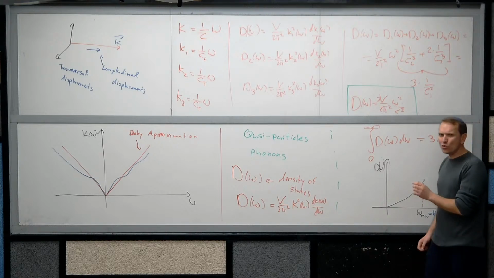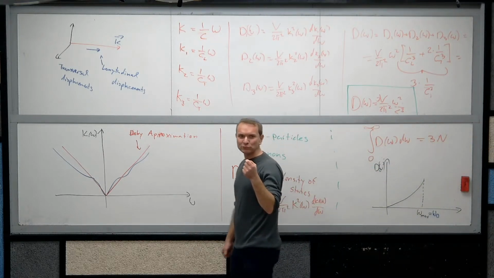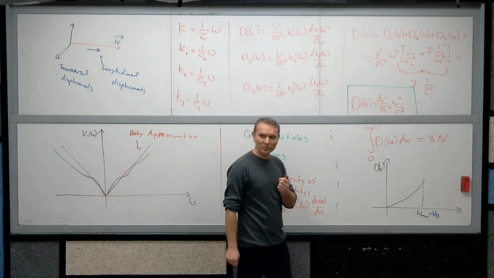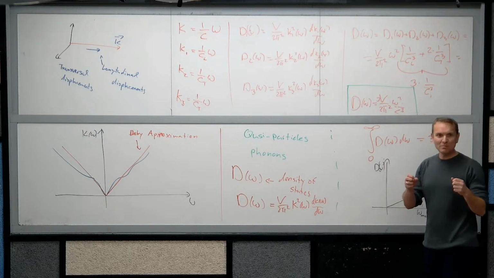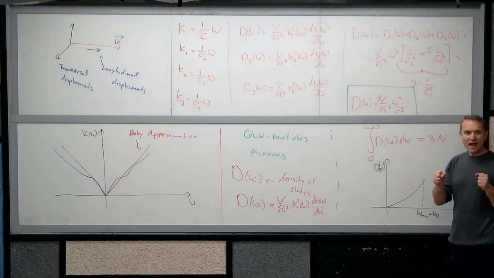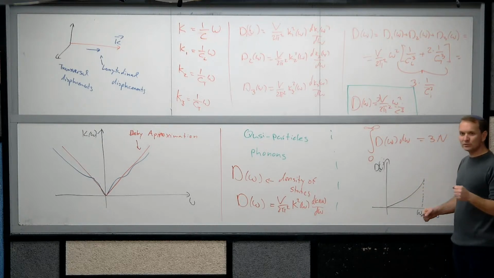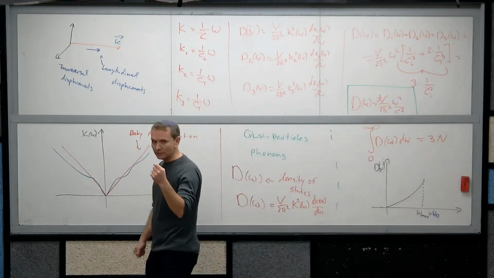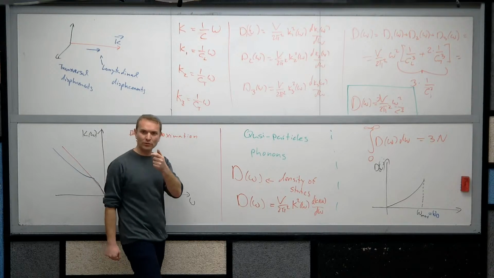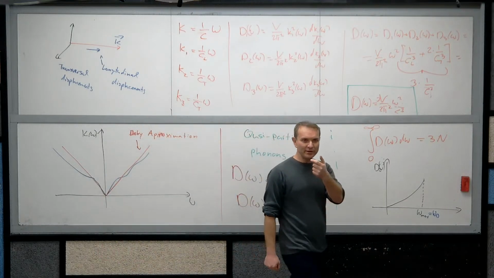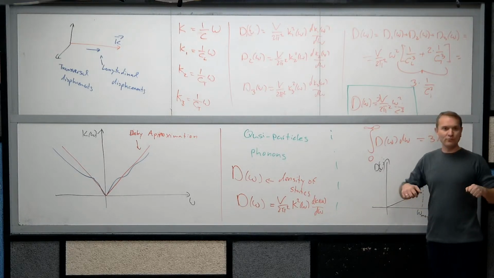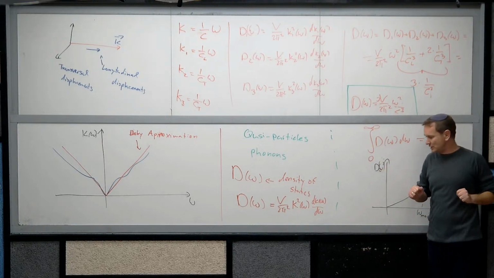Now, moreover, extremely high frequency cannot be inside the media. Why? Because remember, omega is proportional to 1 over the wavelength of the waves inside the media.